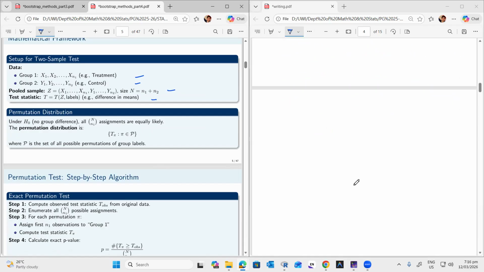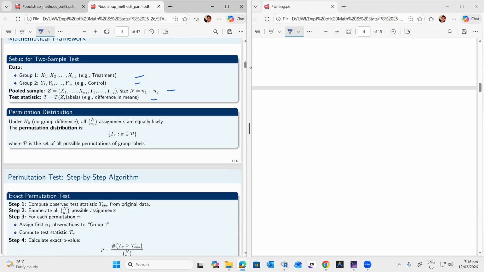So basically, the permutation distribution is the set of all possible values of the test statistic T computed under every possible permutation pi of the group labels.